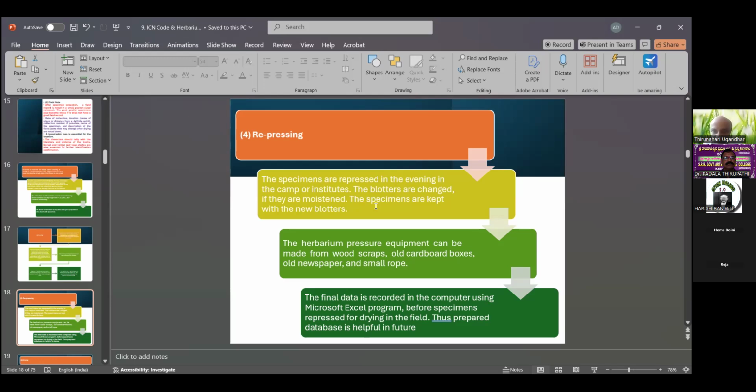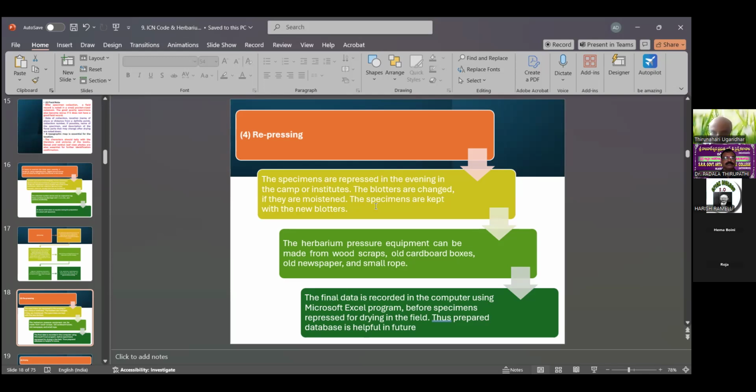After that, it can be pressed to prepare the herbarium, mounted on a separate sheet. The herbarium press equipment can be made from wood scraps, old cardboard boxes, old newspaper, and small ropes. String is also important for repressing.